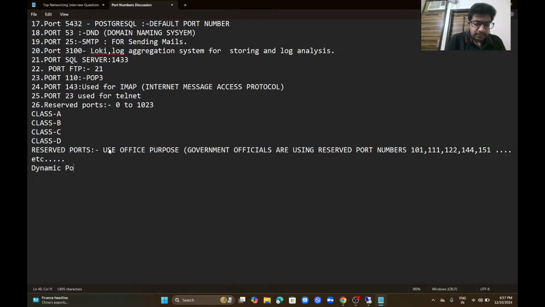For the dynamic ports, meaning private or fully private, or ephemeral. Ephemeral means confidential.